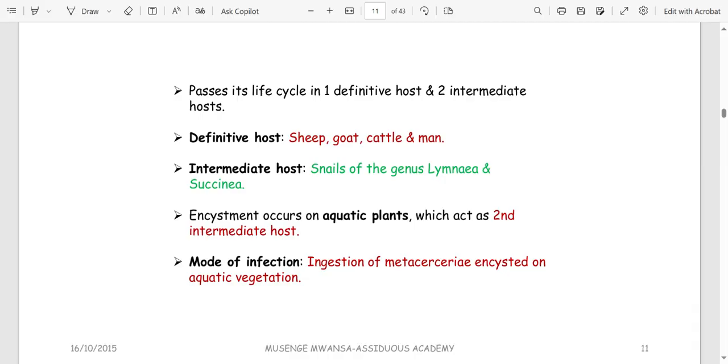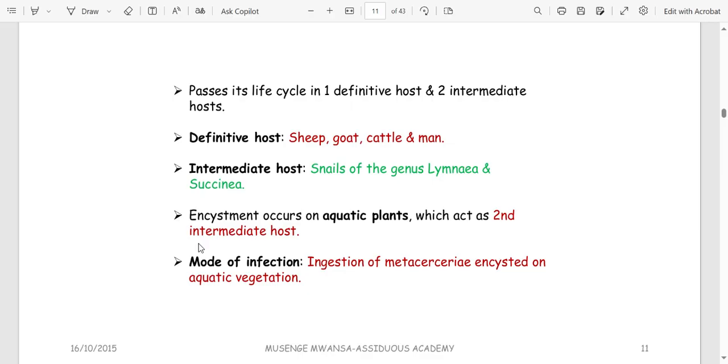But when the larva is within the cyst, surrounded by this covering, we call that encystment. So encystment just means the larva is in a cyst. Excystment, the larva is out of the cyst. So encystment occurs in aquatic plants. When you have a plant, the larva is going to be surrounded by this cyst.